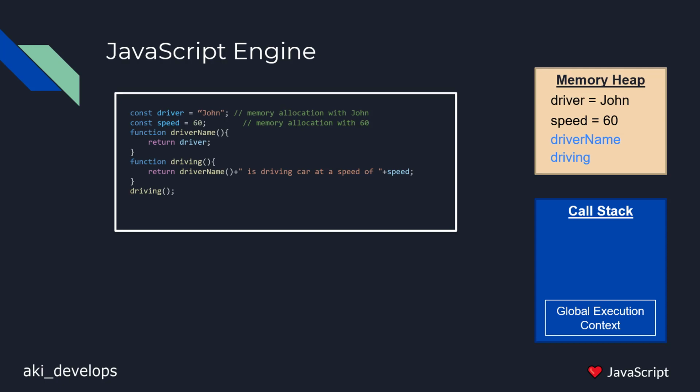Now we only have global execution context in call stack, but we don't have anything else to do. So now we can finish the whole execution. JavaScript Engine will remove the global execution context from call stack, and our call stack will become empty.